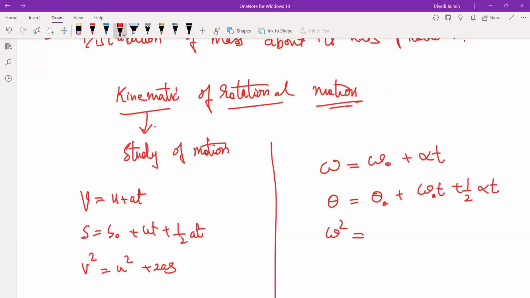Omega square equals omega naught square plus 2 alpha times (theta minus theta naught), since distance is s minus s naught. Don't get confused with the extra thetas here. Same formula; till now we are considering 0, but I'm just including it here.